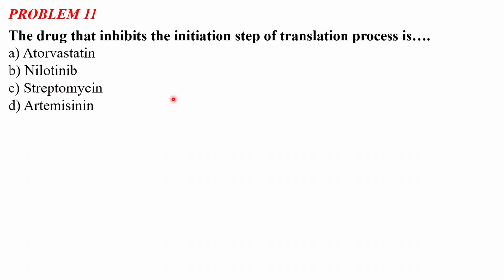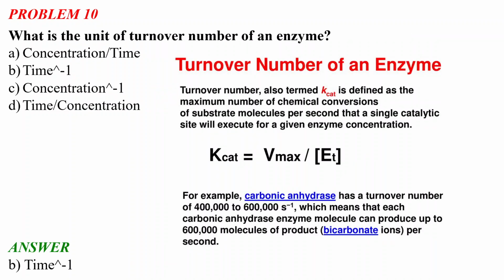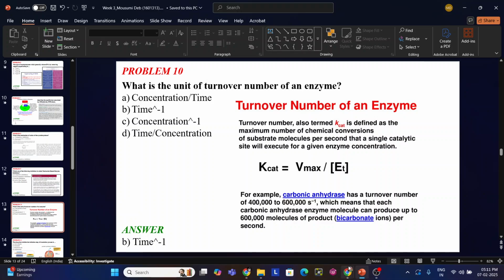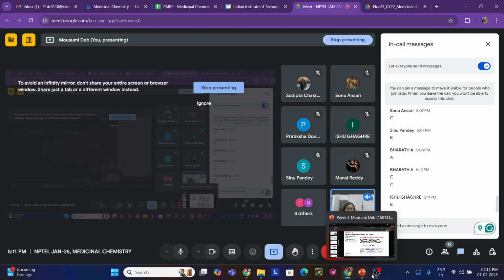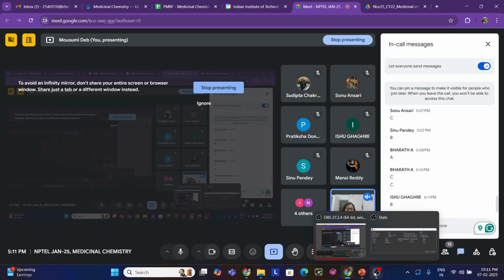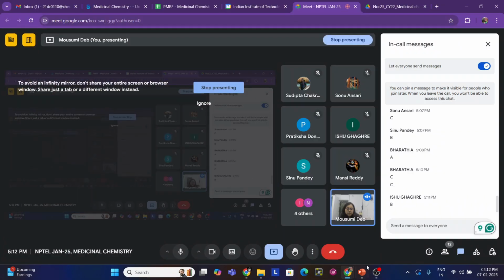Let me check the chat box. Okay, I have got two options, number C and number B. Let me check which is the correct answer, number C or number B.